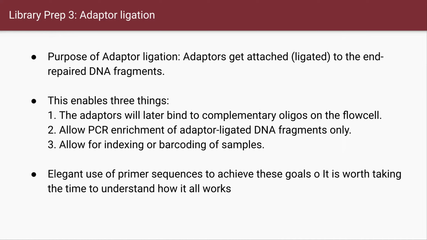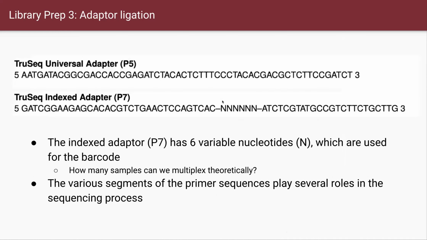Then you can fully utilize this library for sequencing, right? And also, you can use the index or barcodes of the samples, which allows multiplexing, so you can run many samples in the same experiment. That's basically why we use adapter ligation in our experiment.